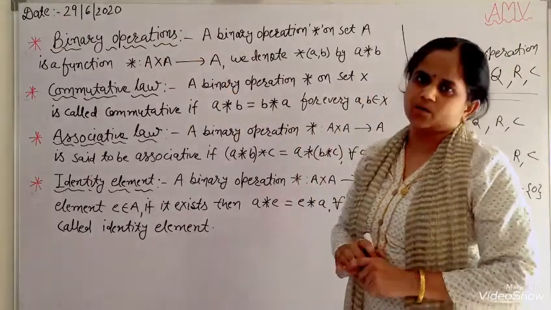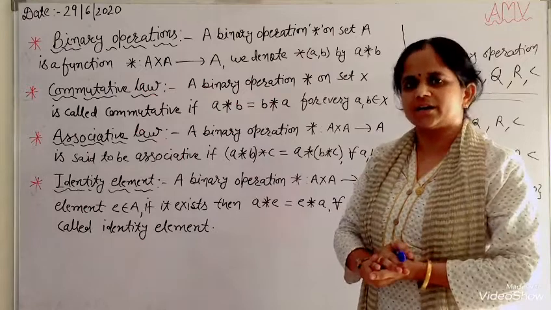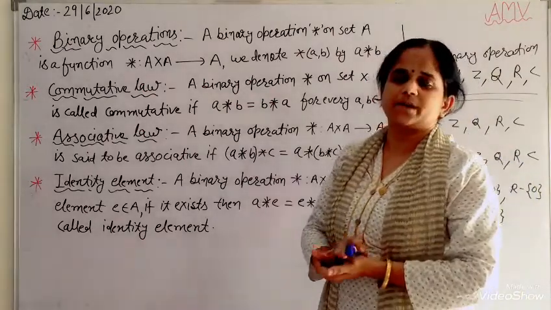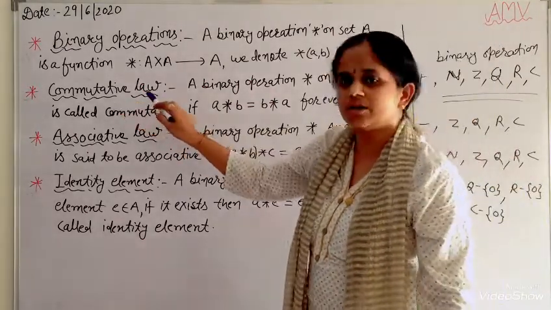Okay, now properties of the binary operation. The first property is the commutative law.